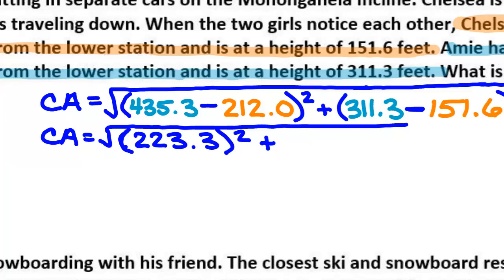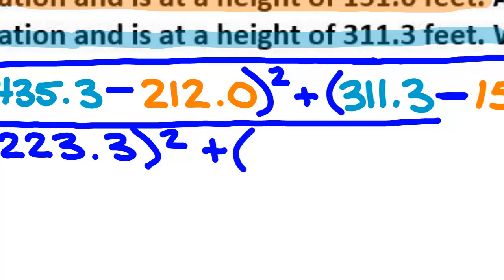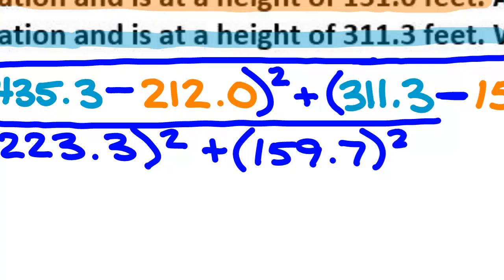Plus, now we're going to do the second set of parentheses, the 311.3 minus 151.6. What do we get from that? 311.3 minus 151.6. 159.7. Close the parentheses and square it.